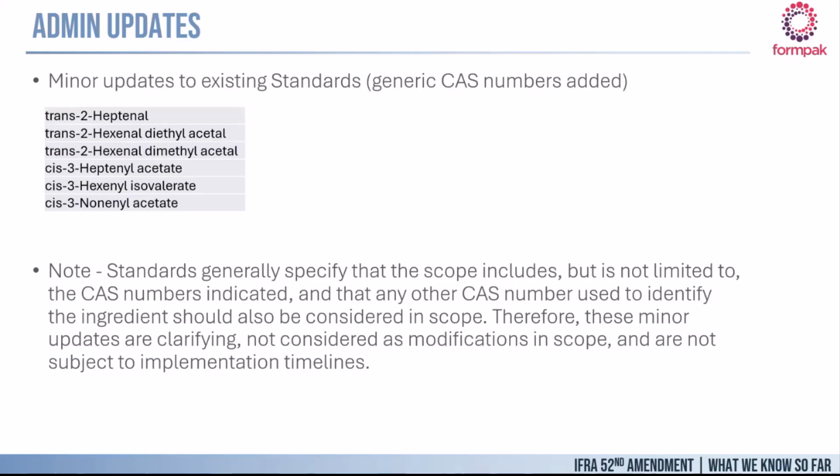These are not subject to an implementation timeline, because most standards say that the scope includes, but is not limited to, the CAS numbers indicated, and that any other CAS numbers used to identify the ingredient should also be considered in scope. So the addition of these CAS numbers is a clarification point, not actually a modification in the scope. They are just applicable straight away as a clarification.